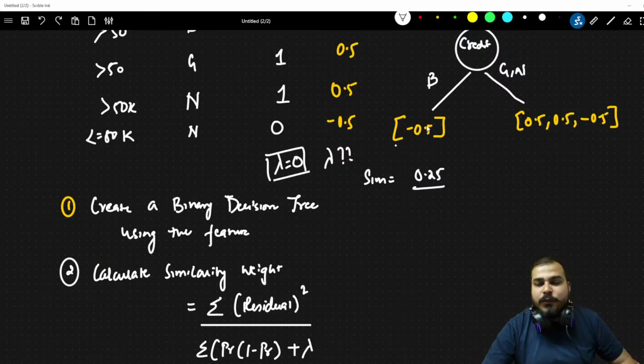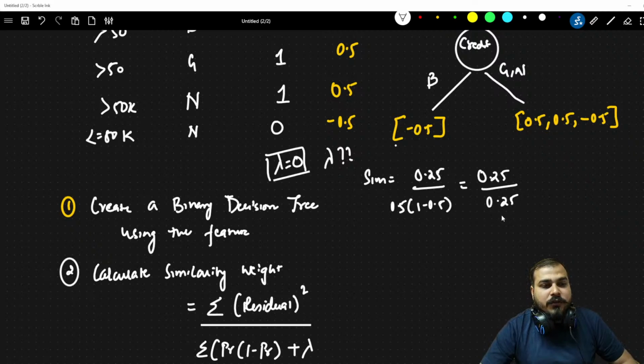But here I have only one residual, so it is the square of 0.5, which is nothing but 0.5 multiplied by 0.5, which is 0.25. In this particular case, I will get the similarity weight as 1.